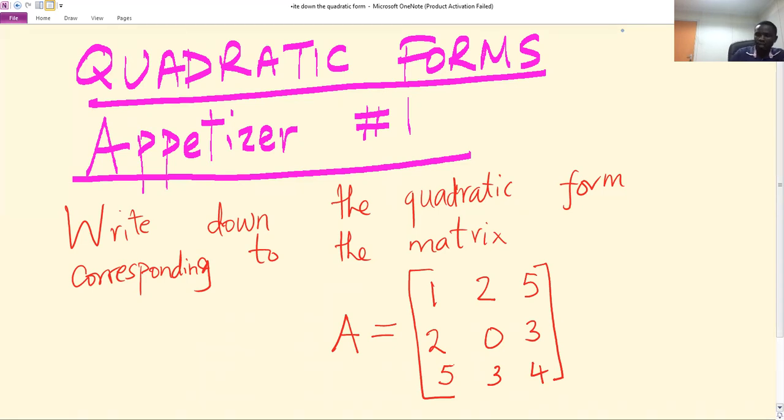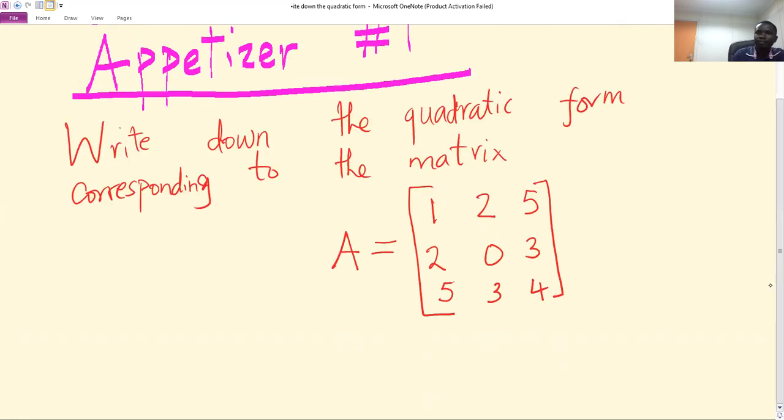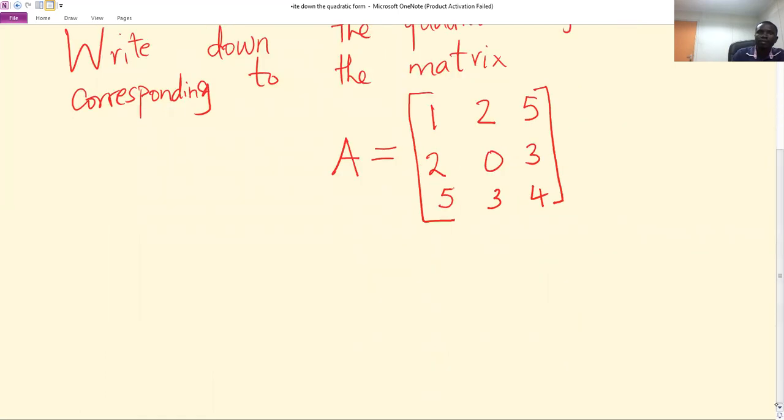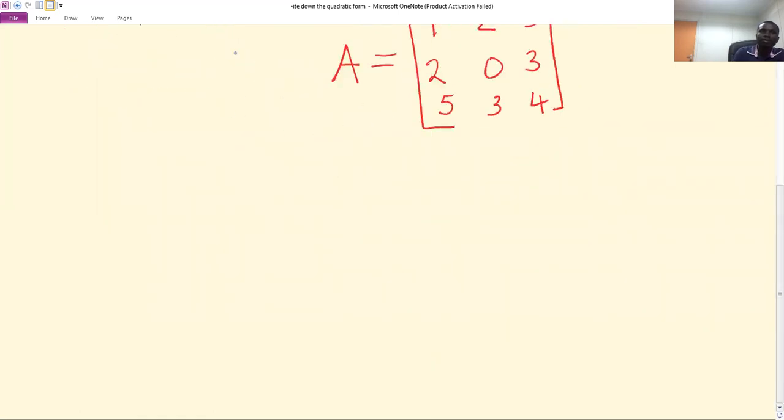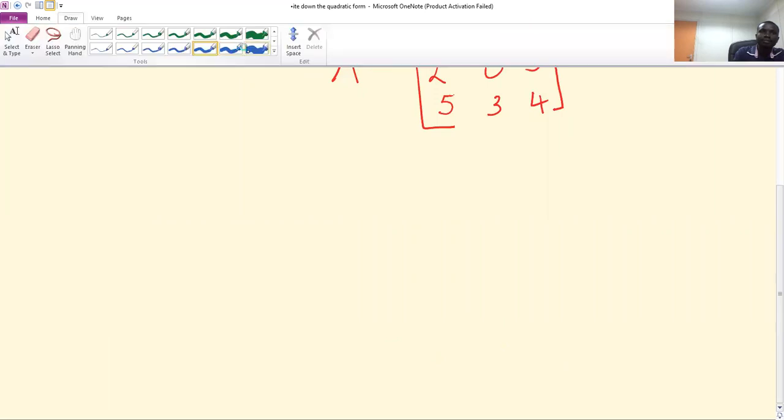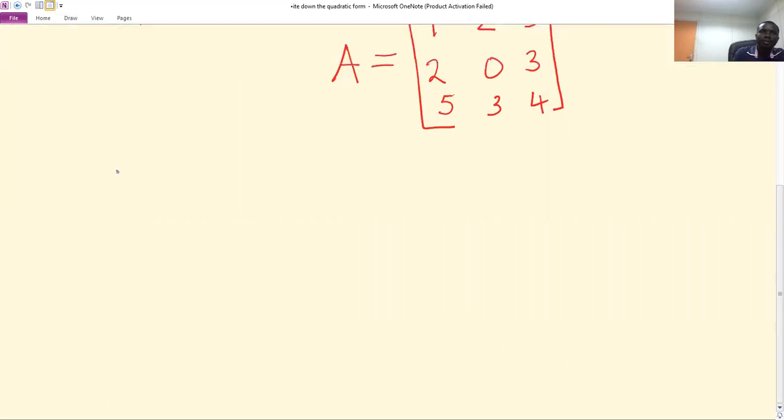Good. So to solve this, we start from the definition.